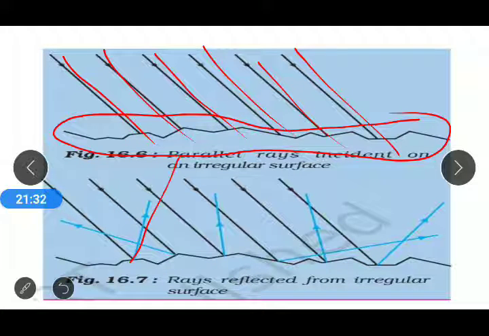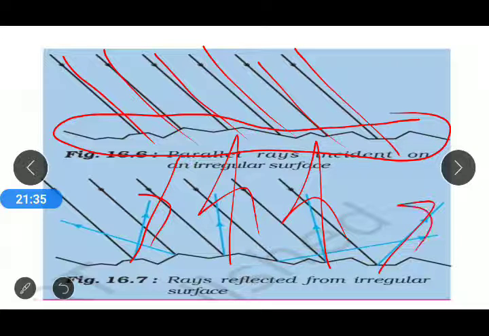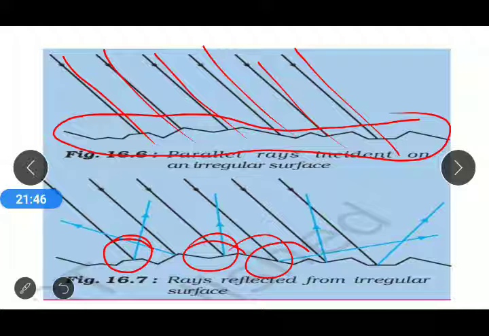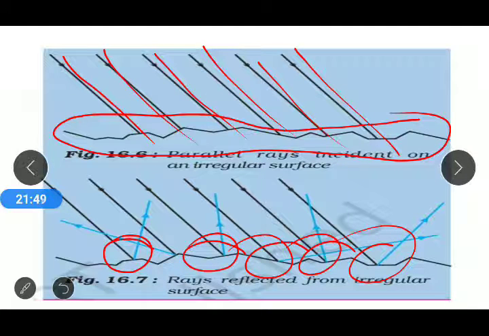Then after the reflection, they move in different directions, but at the point of incidence, we should remember the law of reflection is always followed. But if the surface is uneven, irregular, not smooth and polished, then the reflection that takes place from that kind of surface is known as irregular or diffused reflection.